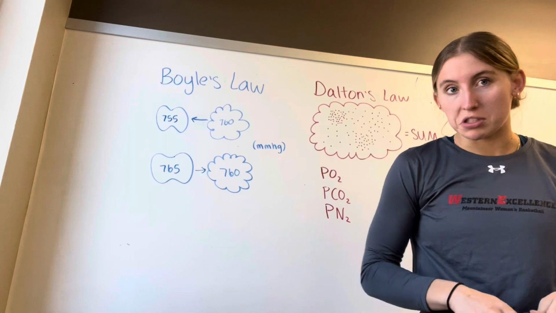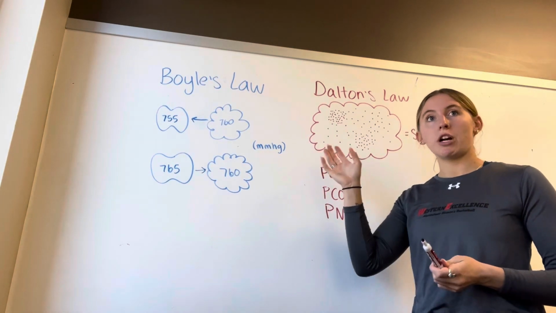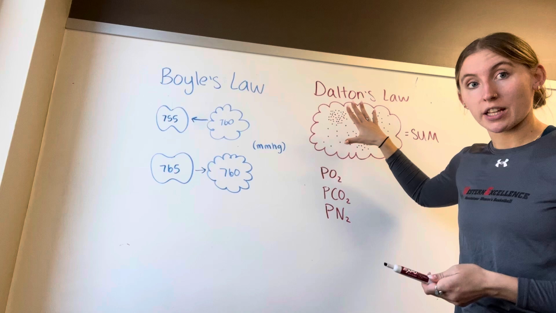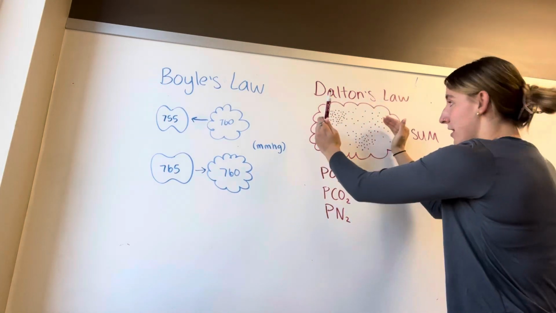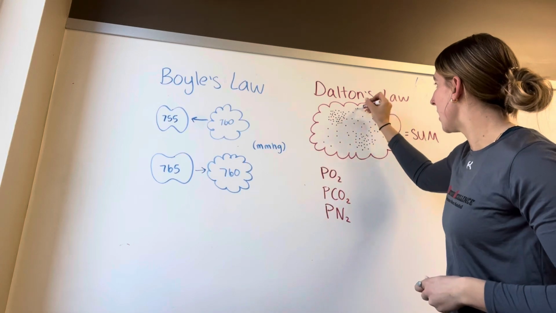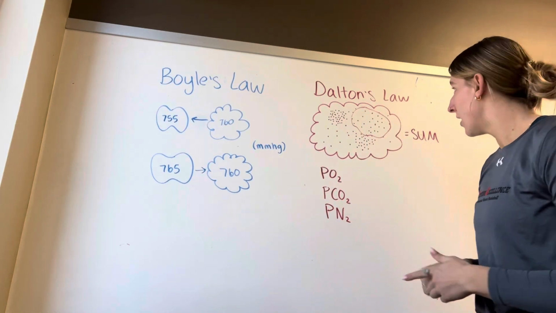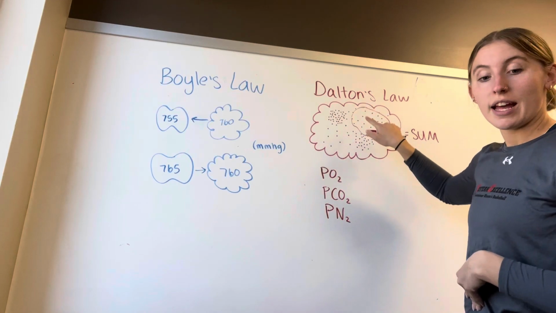Partial pressure is the easy answer. So the partial pressure of oxygen would be like, how much pressure is oxygen specifically exerting into this space? So let's say right here, that's oxygen. We would calculate how much percent that is.